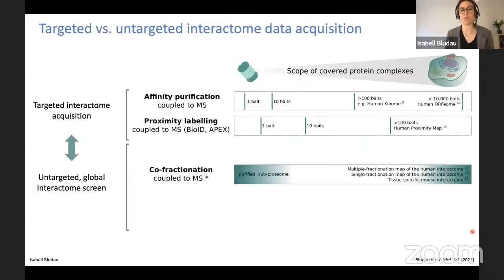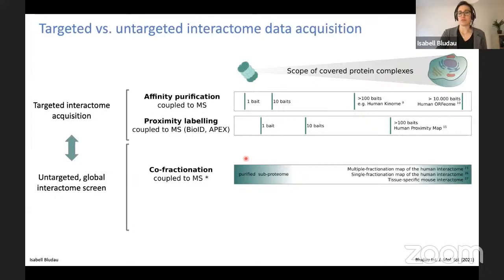And so if we go back to the previous slide and we look at the scope of complexes we can detect in such experiments, we can see that co-fractionation MS is not discrete, but the coverage of complexes that you can achieve in an experiment is dependent on whether you do some pre-purification, for example, of specific organelles, such as looking only at the mitochondria or the nuclei.